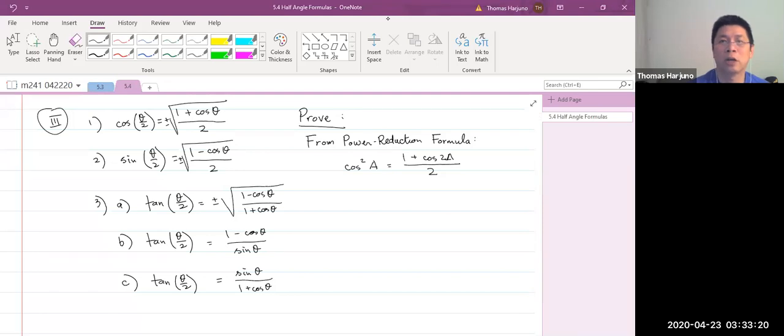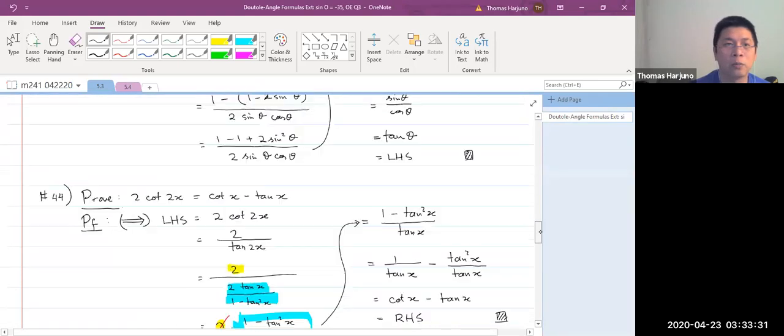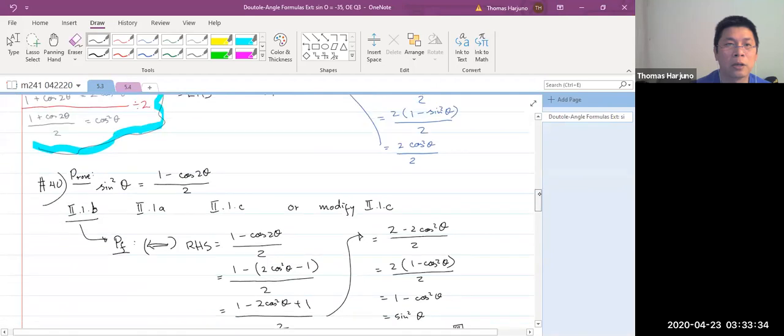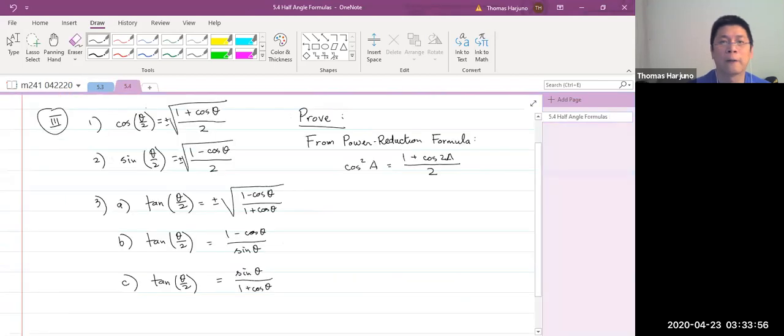Thomas, I don't remember that. Okay, don't worry. Let's look back to 5.3. In 5.3, when we talk about power reduction formula, here. Remember this? I just changed the theta to A here. That's the formula.